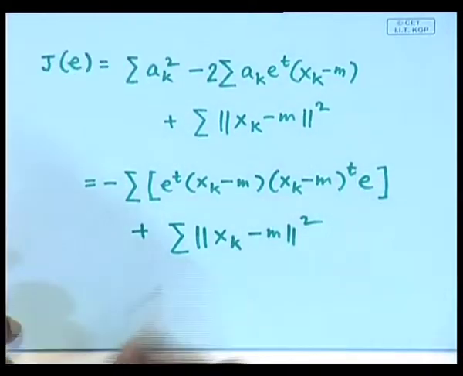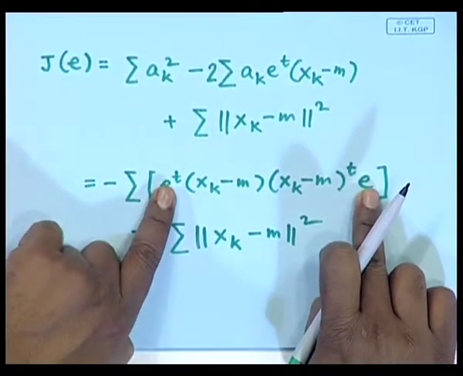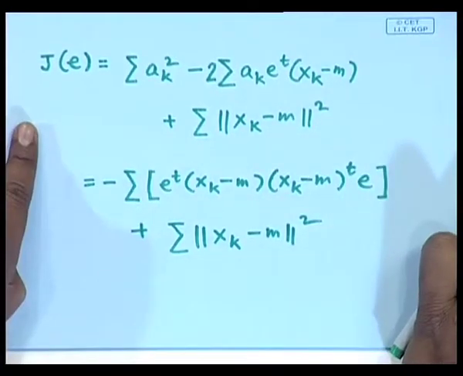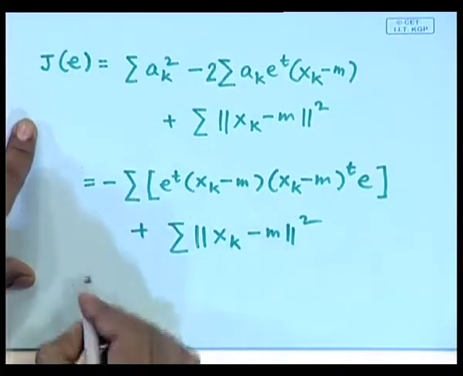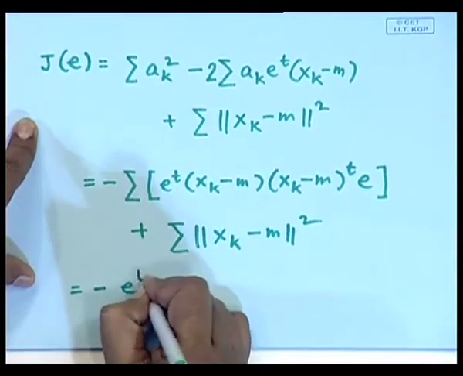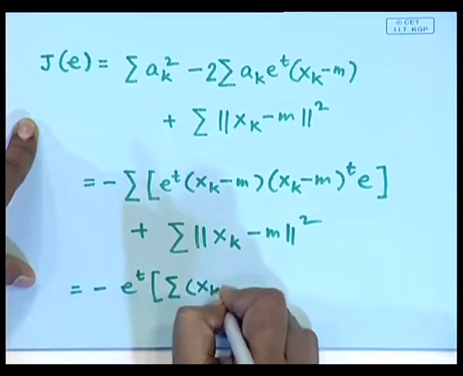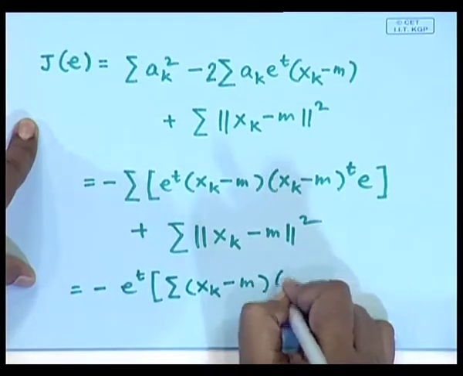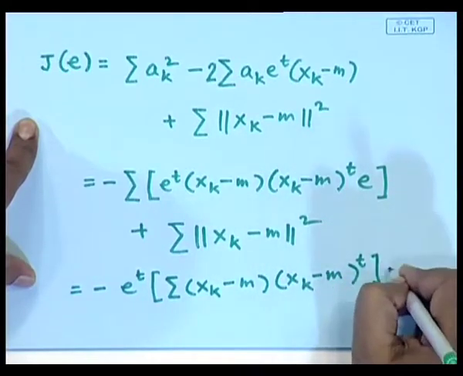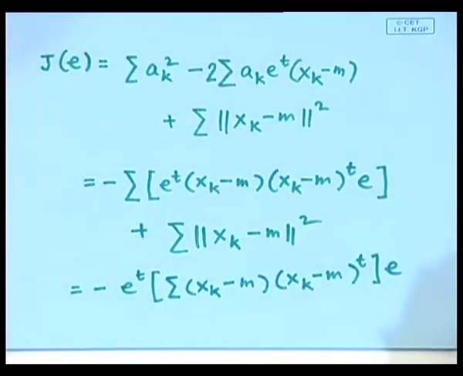Okay. Now, this E is independent of k. So, these E terms I can take out of summation expression. Okay. So, this I can write as minus E transpose summation x k minus m into x k minus m transpose E, because E is independent of k.